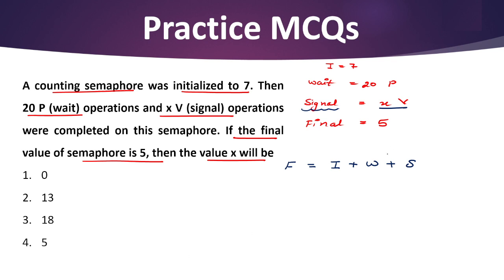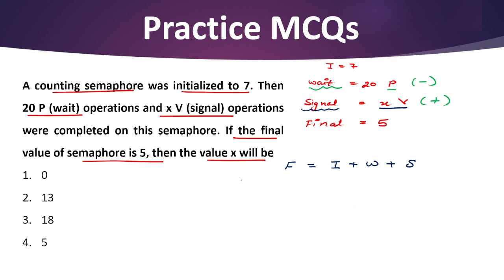But before moving to that calculation, remember one point: whenever we talk about the wait operation, that is P operation, we have to use the minus operator, the decrement operator. And when we talk about signal operation, remember to use the plus operation. So this is the keyword.